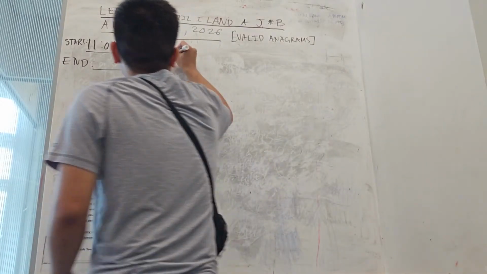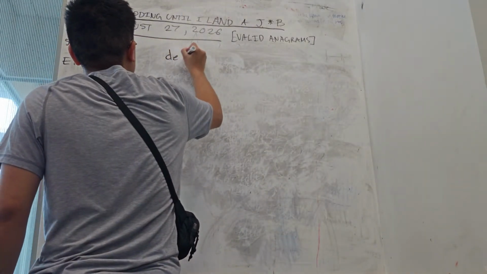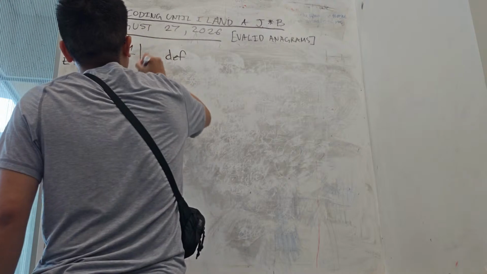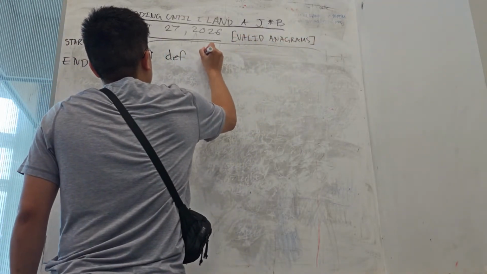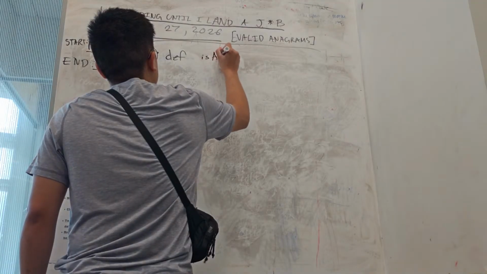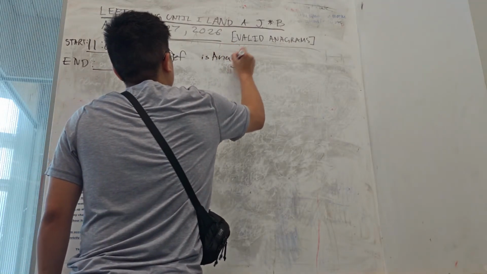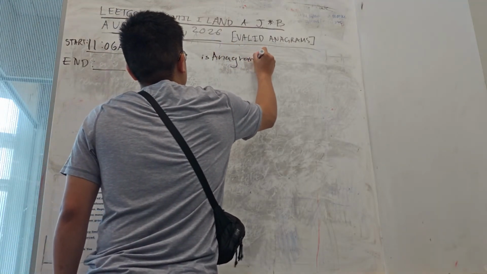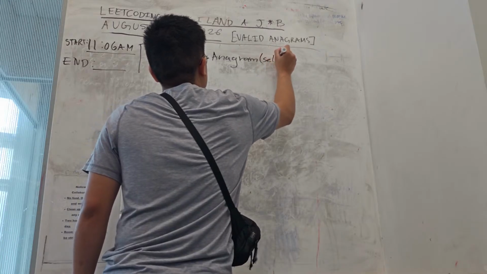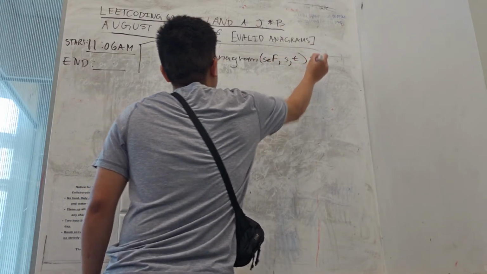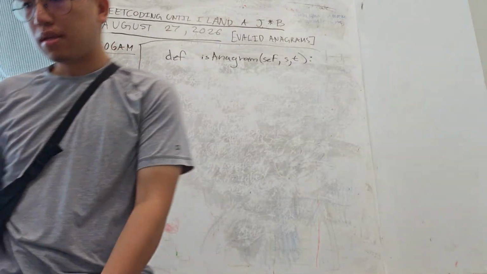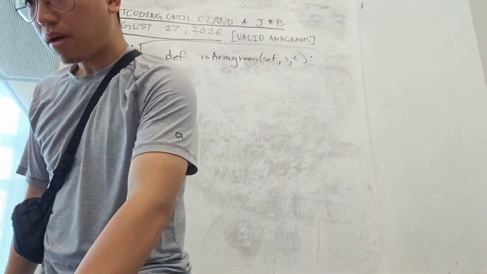Define the function: def is anagram, self, S, T. Okay, we understand? Cool, I wish I could see chat.